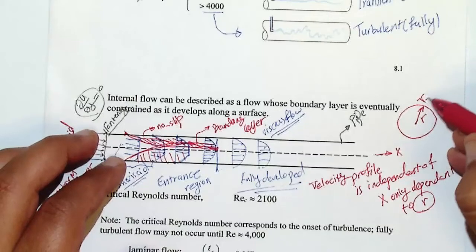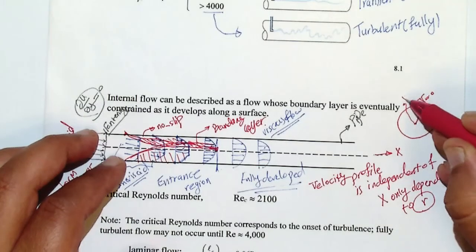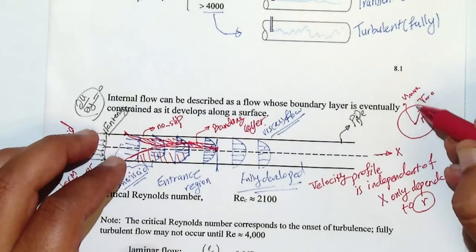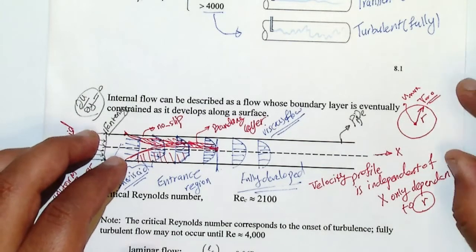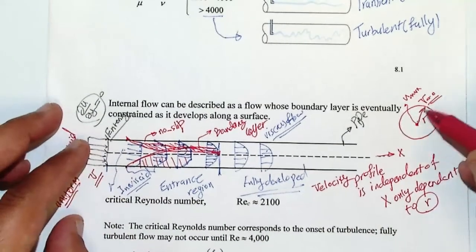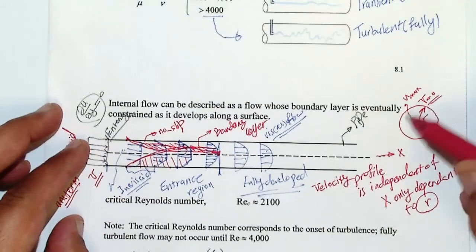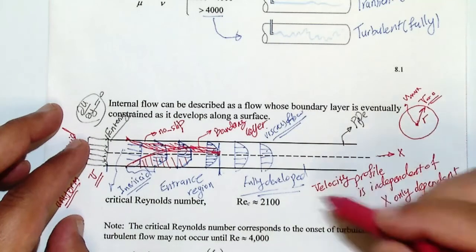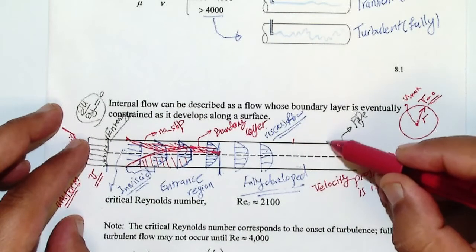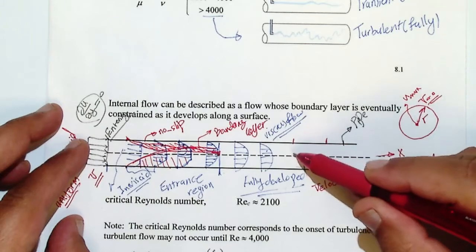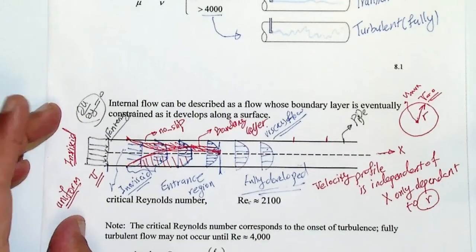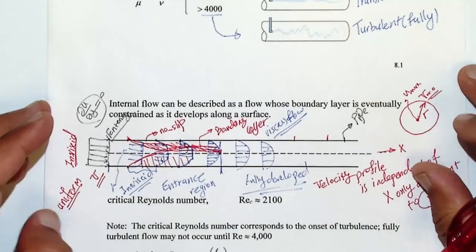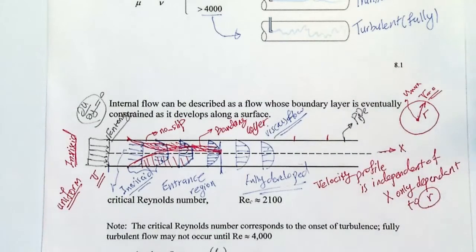So at the center you have u max, and at the wall you have 0. That's why it's going to be a function of R. But whatever you find at this cross-section, if you find it again somewhere else, because you are in the fully developed region, after the entrance region, nothing is going to change. That's the whole thing that you have to know about the flow that passes.